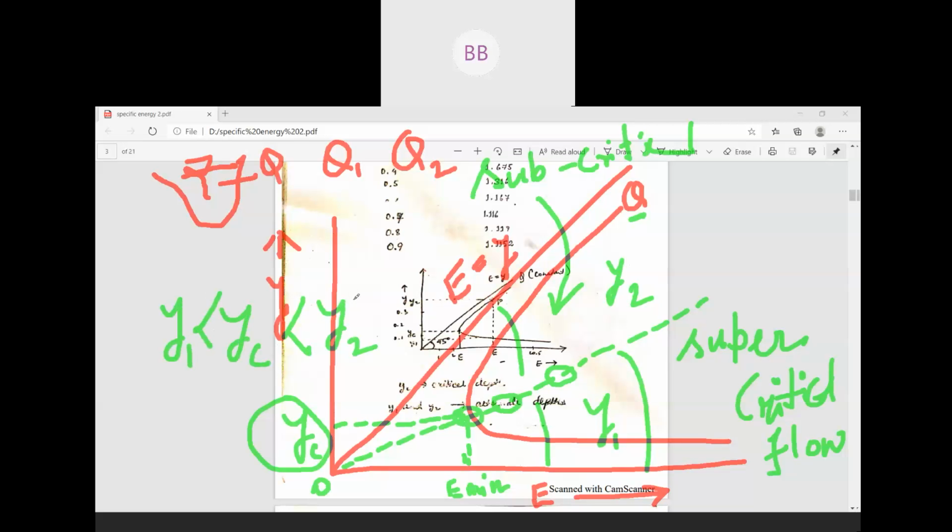So y2 is the depth of flow at subcritical, yc is the critical depth of flow, and y1 is the depth of flow at supercritical.